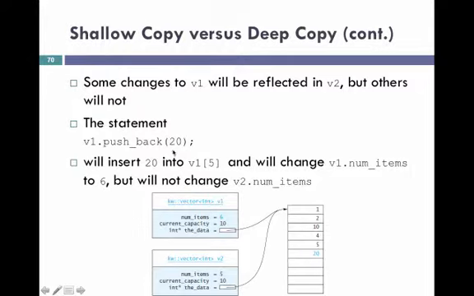So if we add an item to v1's array, then we'll insert this item and num_items in v1 will be incremented, but num_items in v2 won't be changed. So notice if v2 comes along and calls push_back, it would overwrite the 20 with whatever value was added to v2. So we can get some inconsistencies and some unexpected behavior.